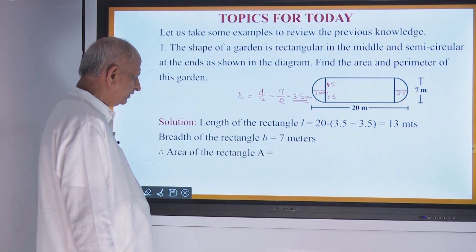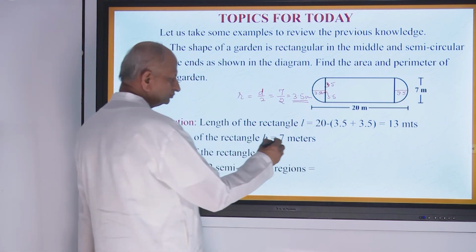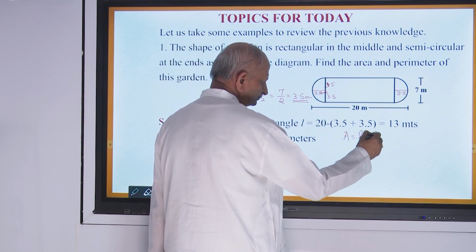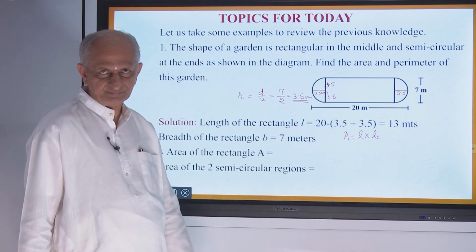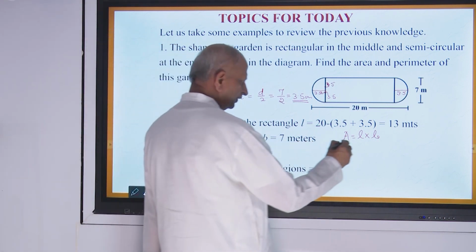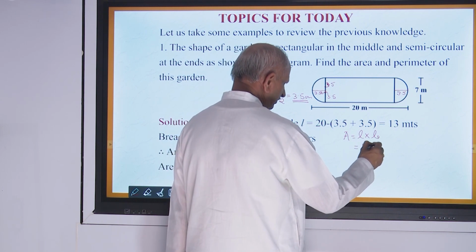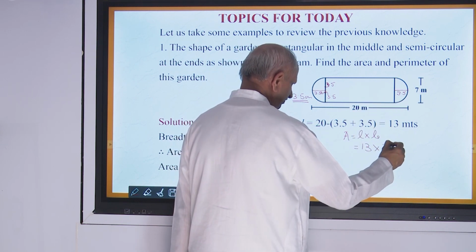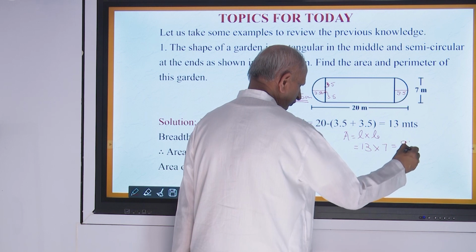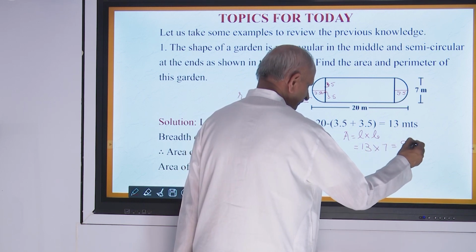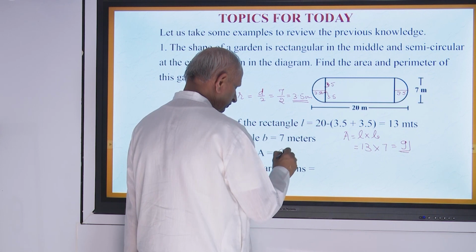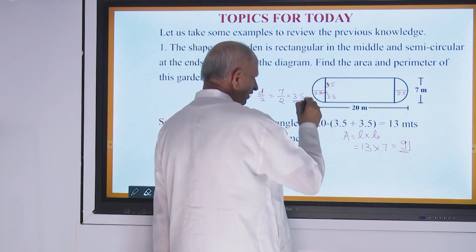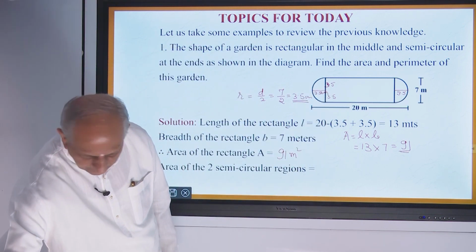Now the area of the rectangle is equal to L into B. Correct? You studied this in class 7th. So what is L? L is 13. What is B? B of the rectangle is 7. 13 into 7 is 91 square meters. It is not centimeters here, note it as meters.